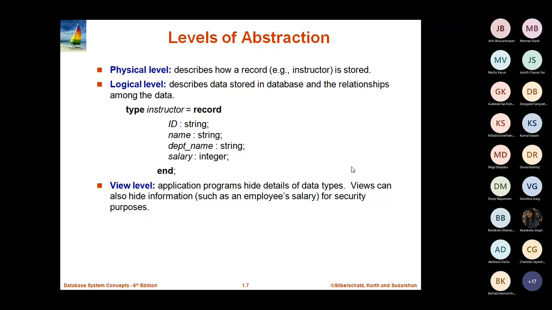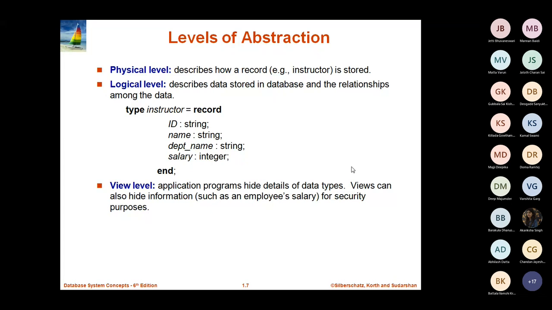Because at the end of the day, the data has to be stored physically in the disk or any other media, so that it stays. It is not going to stay forever in the RAM. So how is it stored? If there is a file system, then physically that information for every instructor or every student has to be stored somewhere. That is what we mean by the physical level.